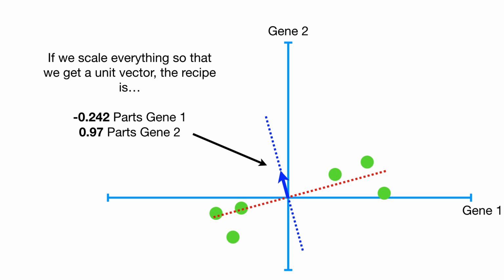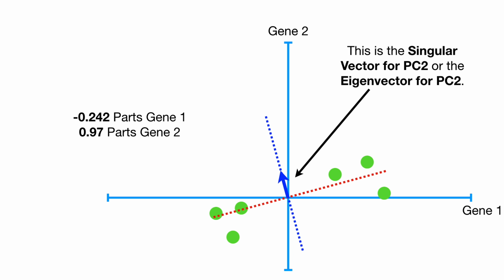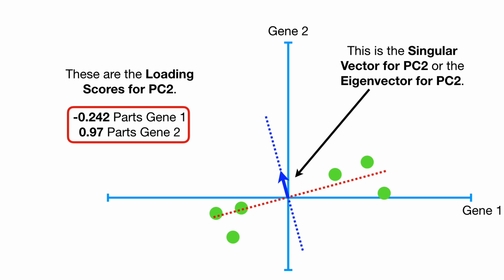If we scale everything so that we get a unit vector, the recipe is -0.242 parts gene 1 and 0.97 parts gene 2. This is the singular vector for PC2, or the eigenvector for PC2. These are the loading scores for PC2.